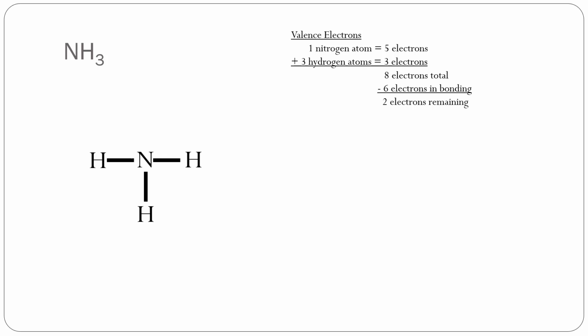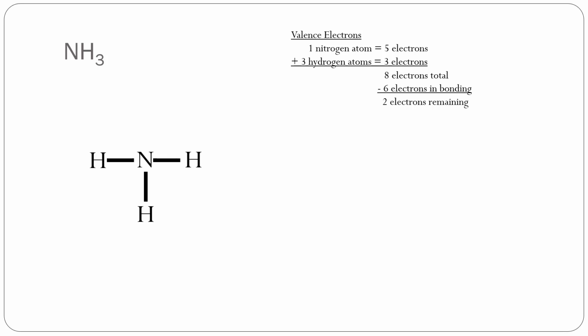We'll use those 2 electrons to satisfy the octet rule from the outside going in. Of course, here there are hydrogen atoms on the outside of the central atom. The hydrogen atoms satisfy the duet rule. Notice in the center, nitrogen only is sharing 3 pairs of electrons.